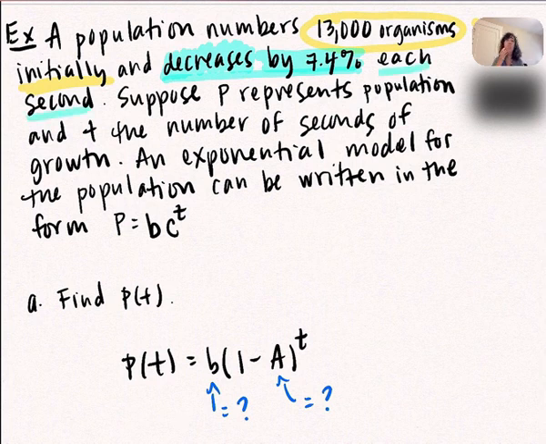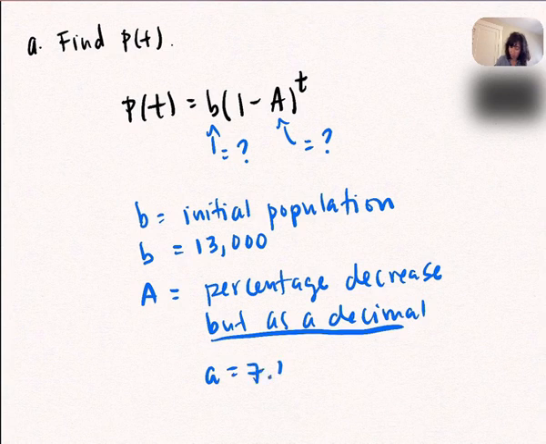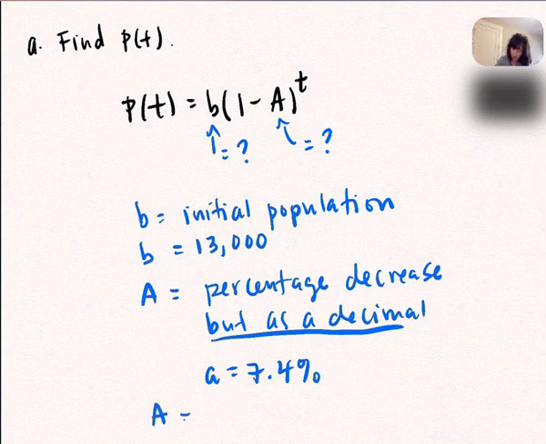So our percentage decrease is 7.4%. Now we can write this percentage as a decimal by moving the decimal place 2 places to the left. So capital A is going to be 0.074.